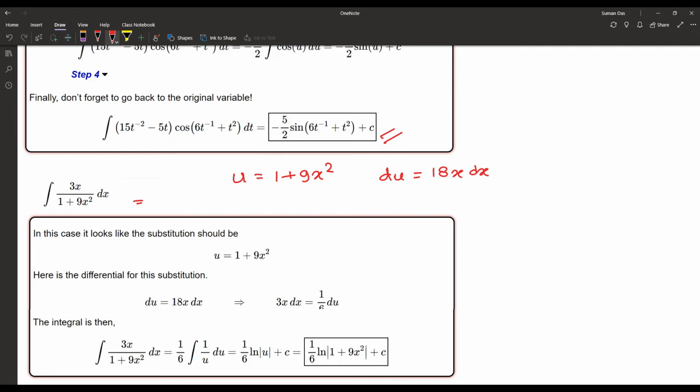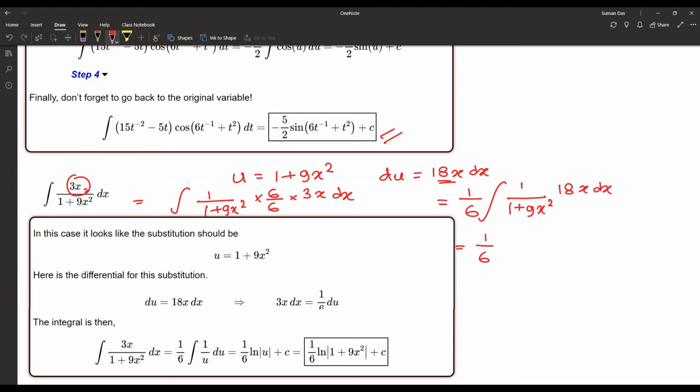So for the problem that has been given as 3x, we are writing this problem as 1/(1 + 9x^2) times 3x, but we have to achieve 18x. So we are multiplying by 6 and dividing by 6, taking 1/6 as a multiplier: 1/6 times 1/(1 + 9x^2) times 18x dx.